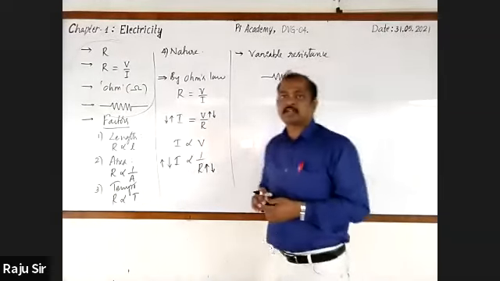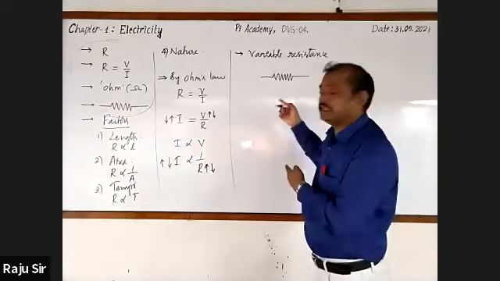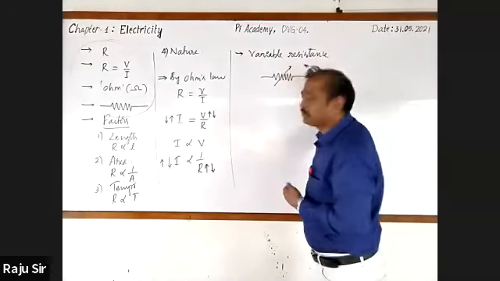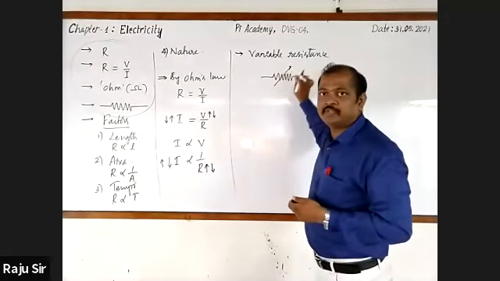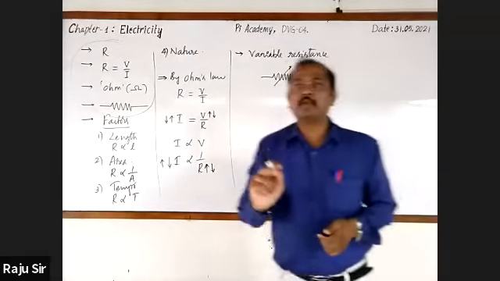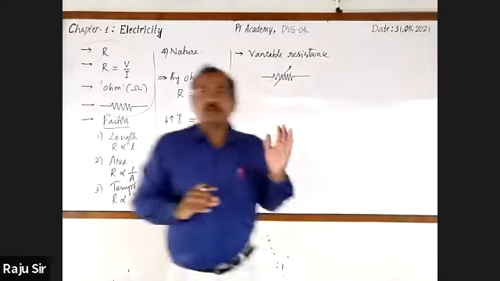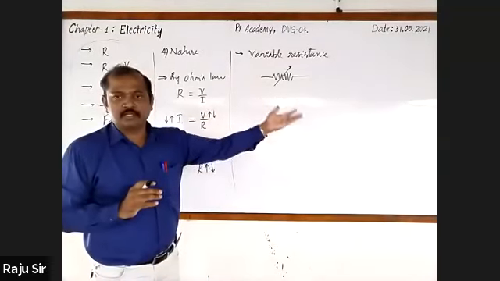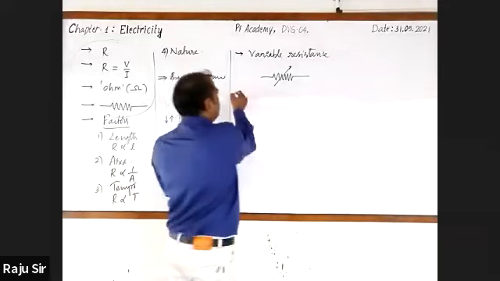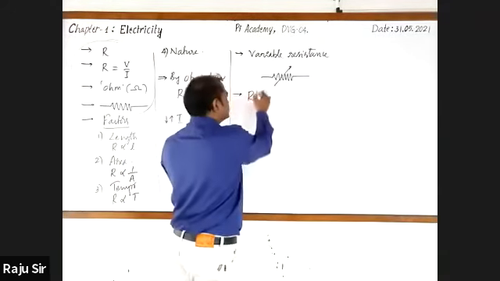We draw the circuit symbol like a resistor, as it is changing the current without changing the voltage. It is to be represented like this. This is the circuit symbol of variable resistance. And to vary that resistance so the current can be changed, for this purpose, we use a device that is called a rheostat.